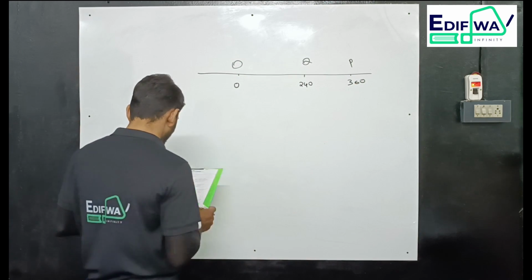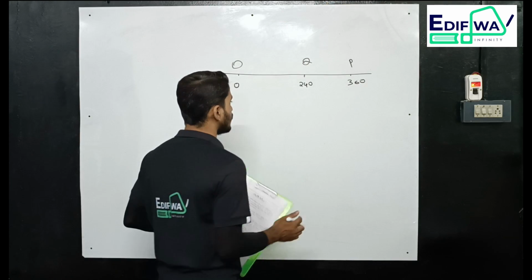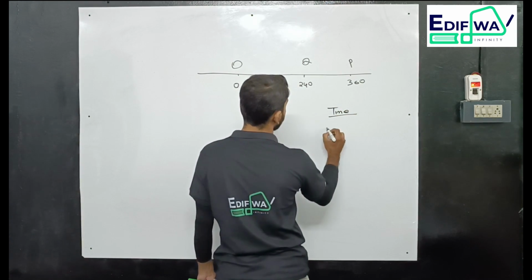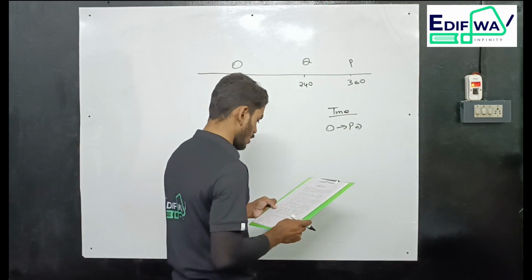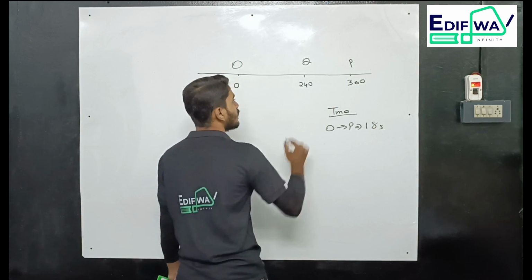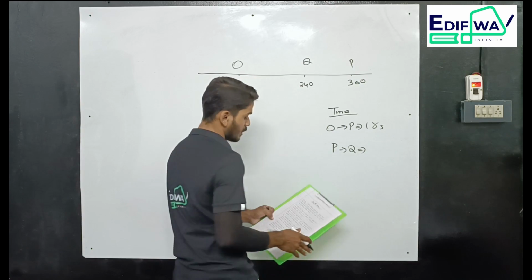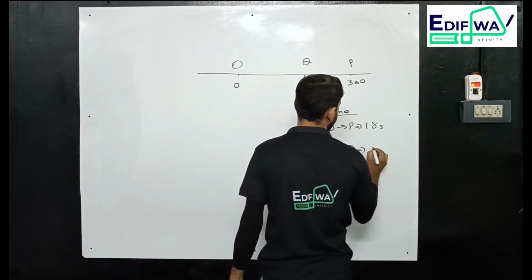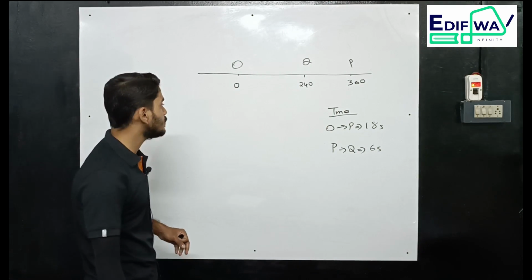From O to P the time taken is 18 seconds, and from P to Q the time mentioned in the question is 6 seconds. Clear?